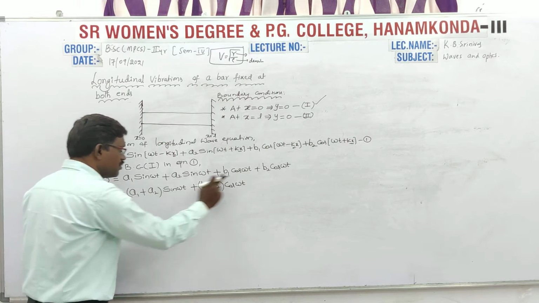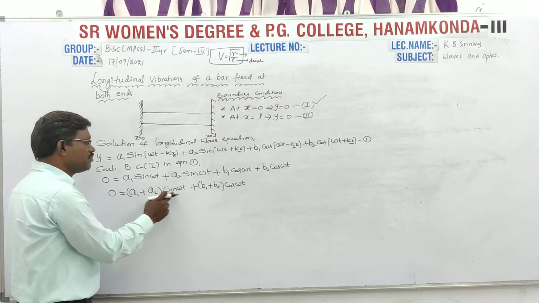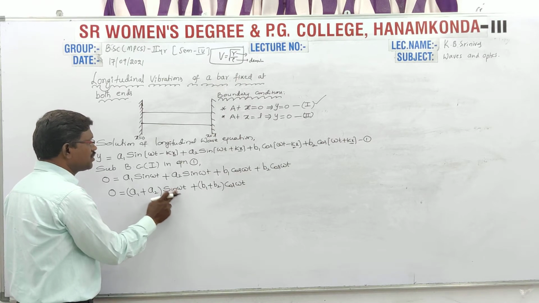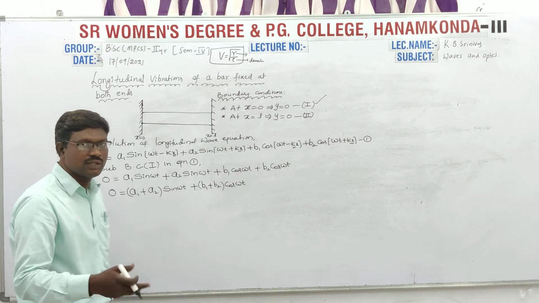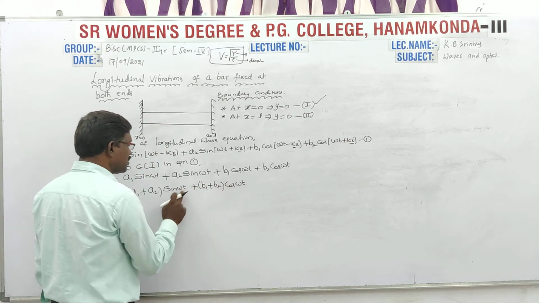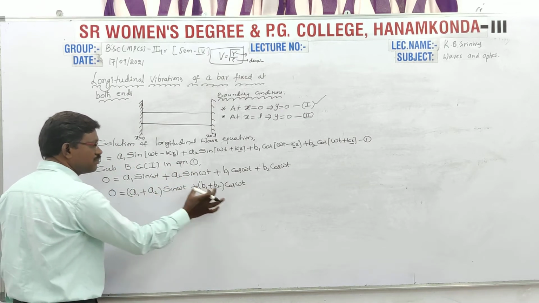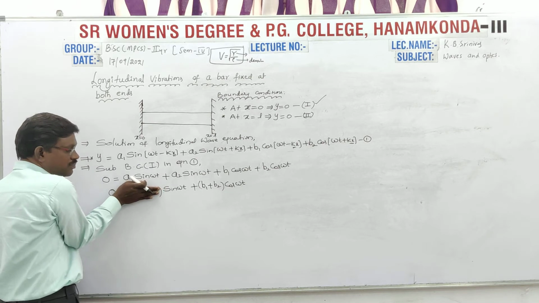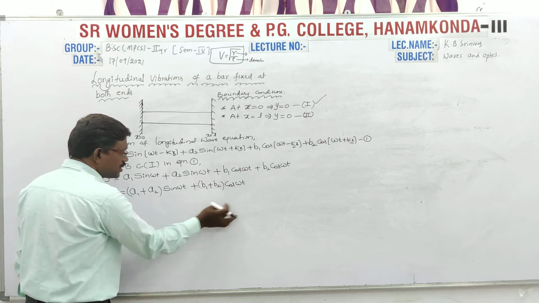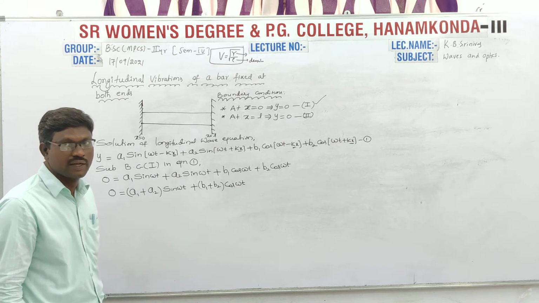So this equation will be valid when one of the terms is equal to 0. Sin omega t can never be equal to 0. If sin omega t were equal to 0, there would be no question of value. Sin and cos never equal 0. So that means the sum of these constants may be equal to 0. 0 into something is 0, 0 plus 0, the equation will be satisfied.